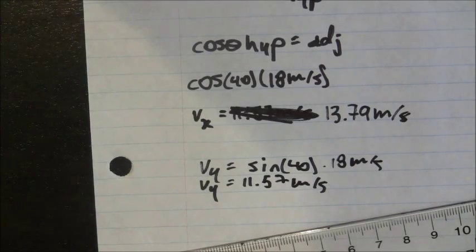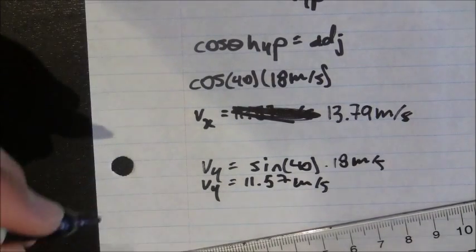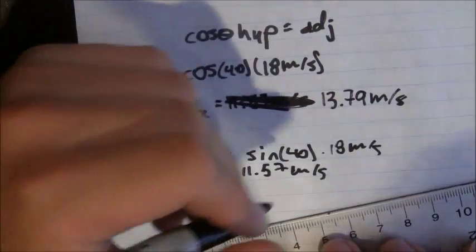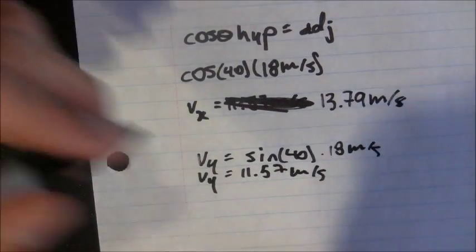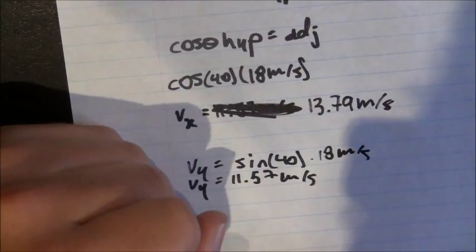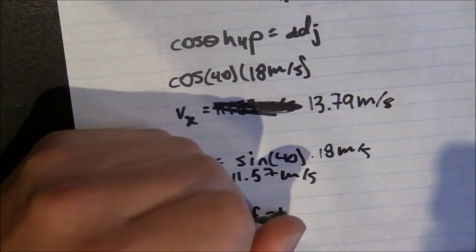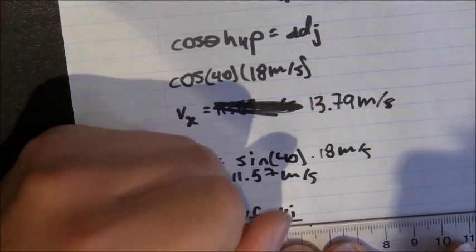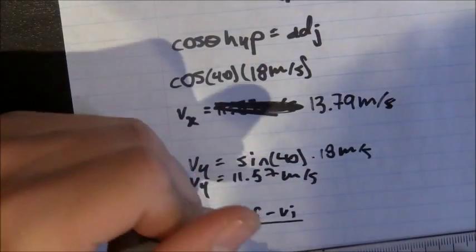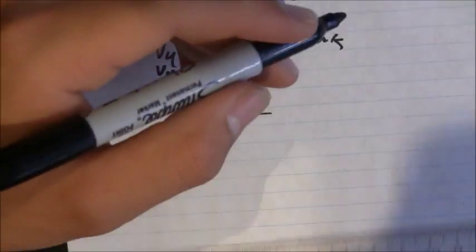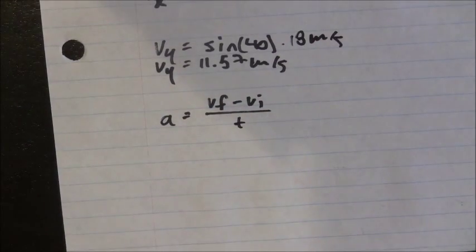And here's where it gets interesting. We can find time using the vertical component of its velocity. We can say from our formula sheet, this is a pretty common formula, acceleration of anything equals Vf minus Vi over t. Correct? Now, we're looking for t, so what would we do here?